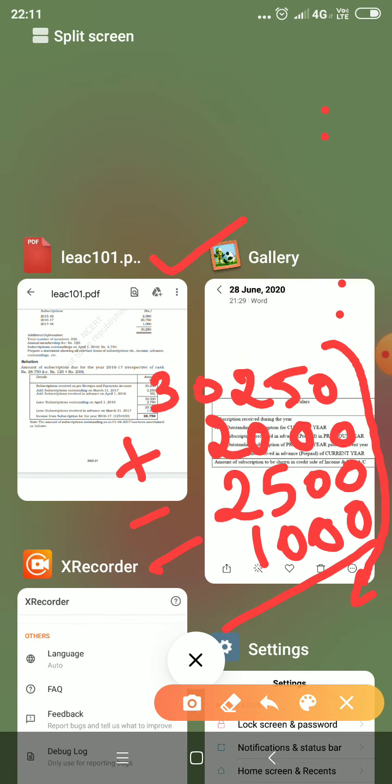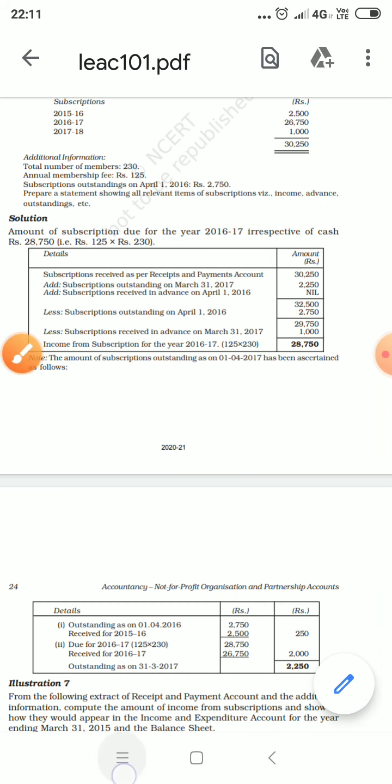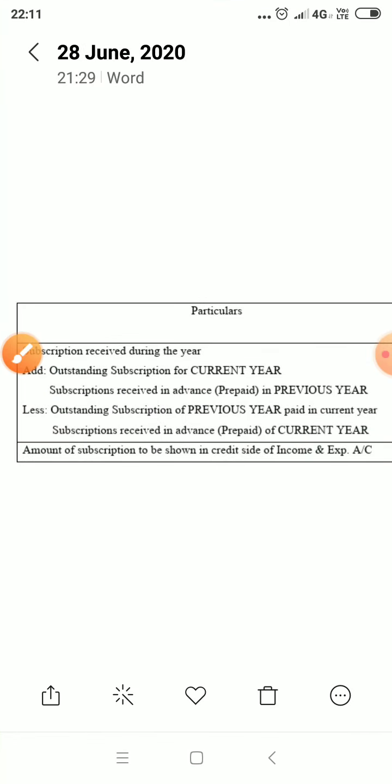My formula I explained to you in the beginning of the... Okay, it's not opening. This is my formula, children. Okay, you just quickly take this down. So this is my formula. Understood?